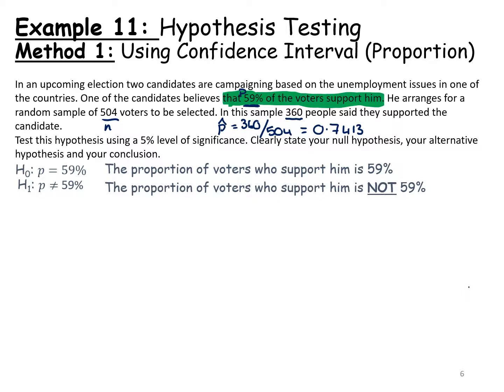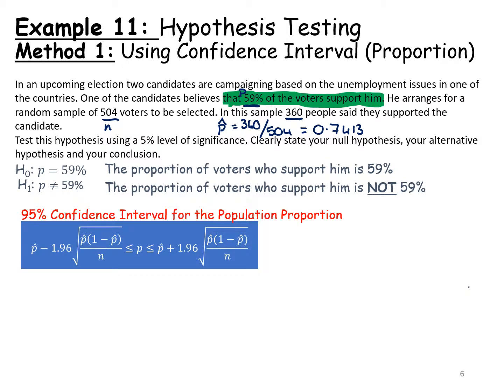So once we have the null hypothesis and the alternative hypothesis stated, we get into the testing. Because we're dealing with proportion, we're going to look at the 95% confidence interval for the population proportion. And here's our formula. So we're going to sub in the letters we have: n equals 504 and p hat equals 0.7143.